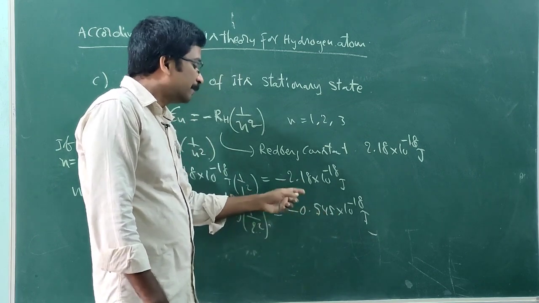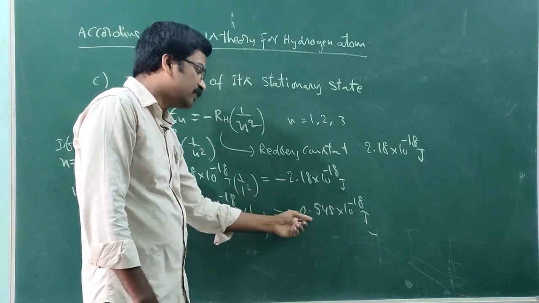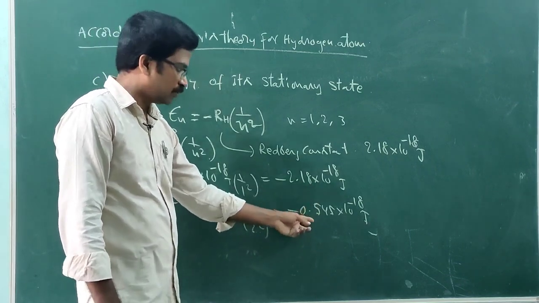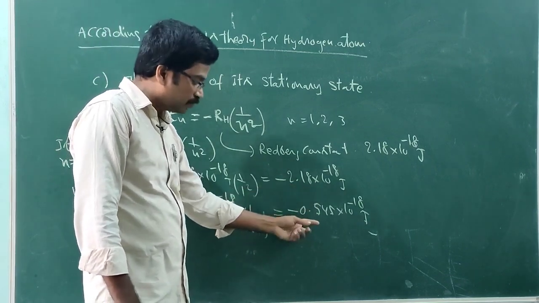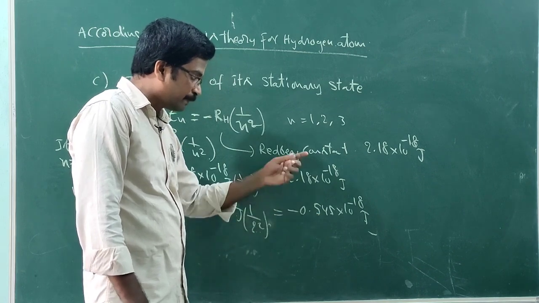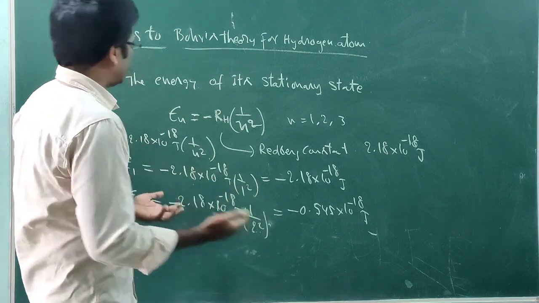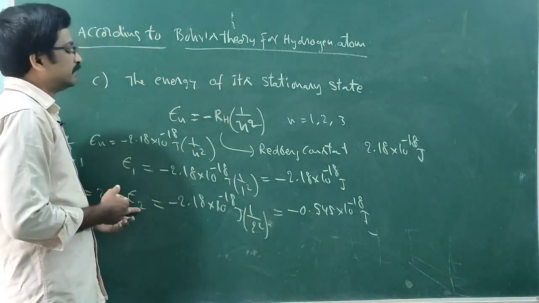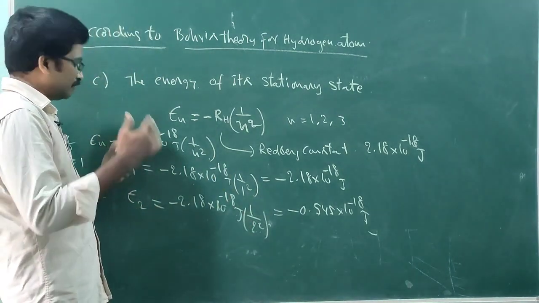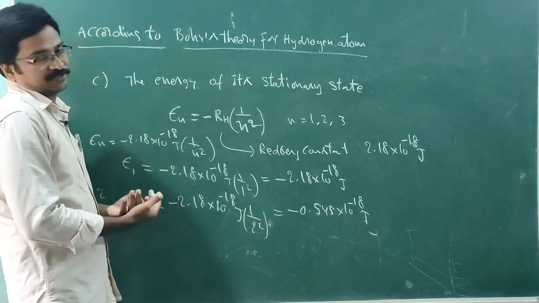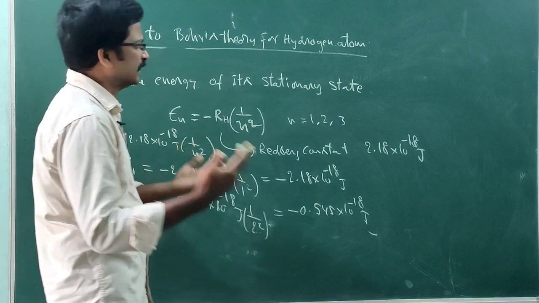Comparing these two values, minus 0.545 is bigger than minus 2.18. What we understand from these two is that the energy of the second shell is greater than the energy of the first one, and so on like that.